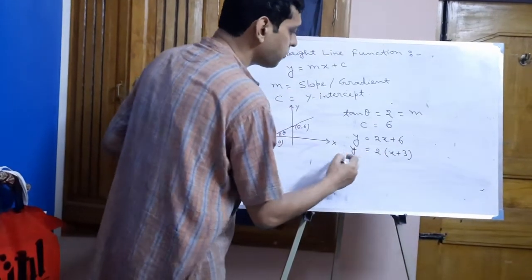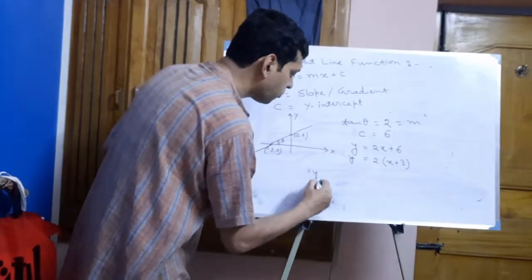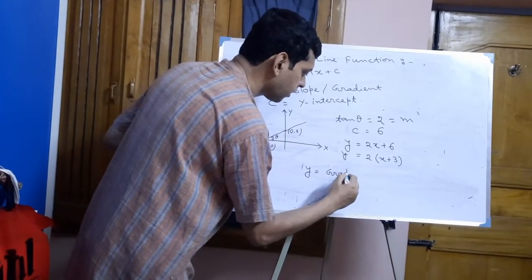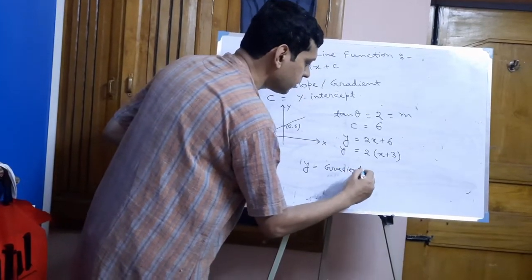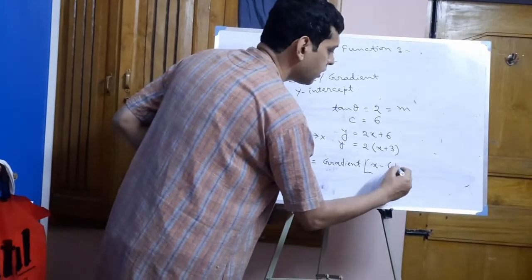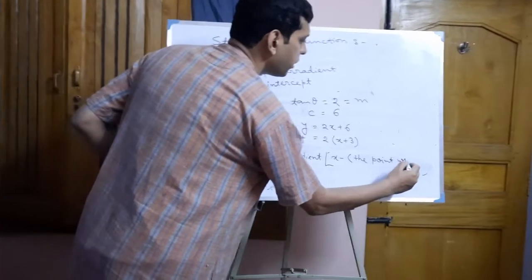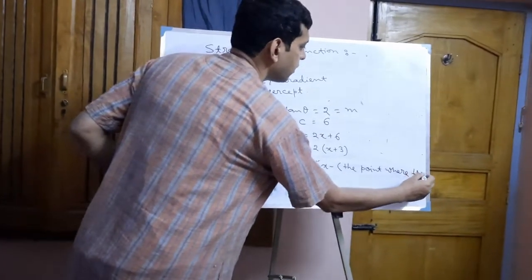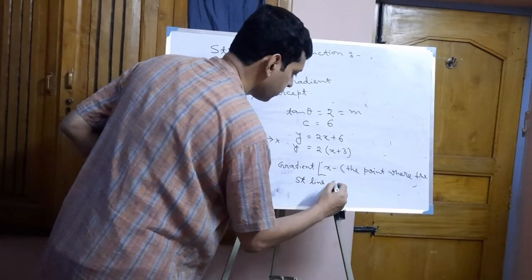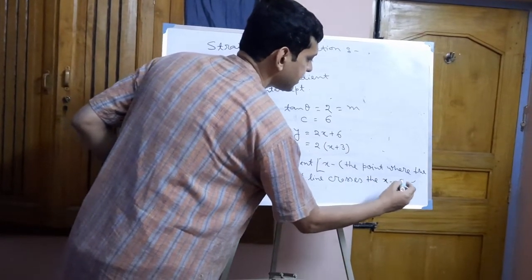So we can modify the generalized equation of a straight line as this one: y equal to the gradient into (x minus the point where the straight line crosses the x-axis).